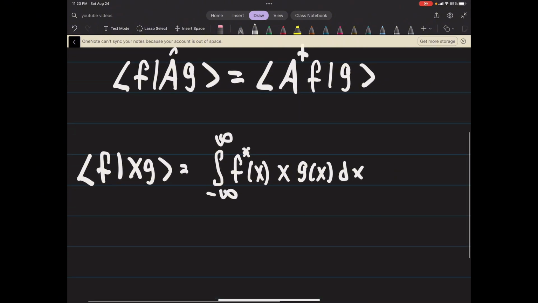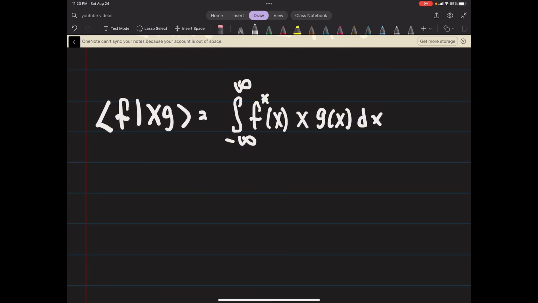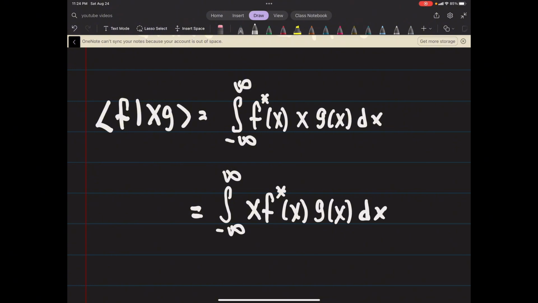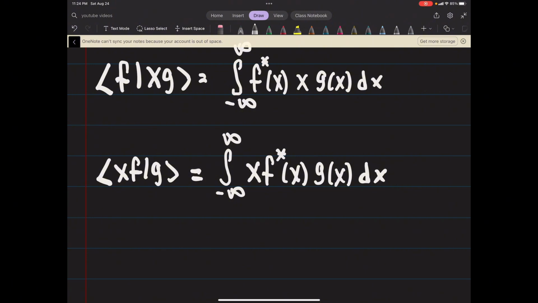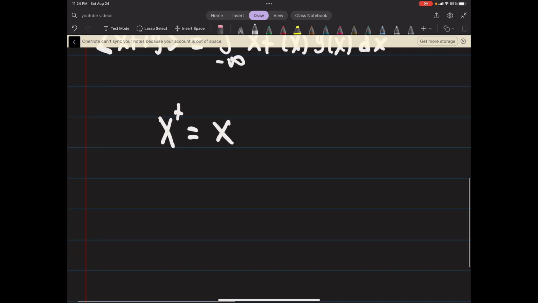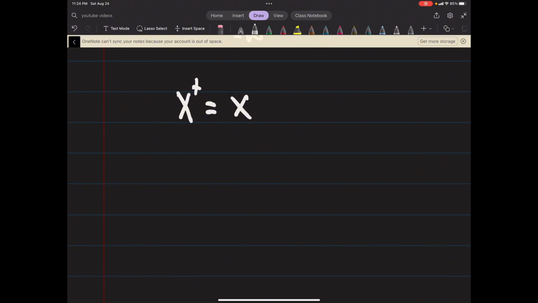Now, one thing that we learned when we worked with expectation values is that finding the expectation value of X is quite easy because it's not going to change when we move it over. It's just totally fine, and this is, of course, just X acting on F in that inner product. Okay, so that's pretty straightforward. In this case, the Hermitian conjugate of X is just X. And it's an observable, so that makes sense.